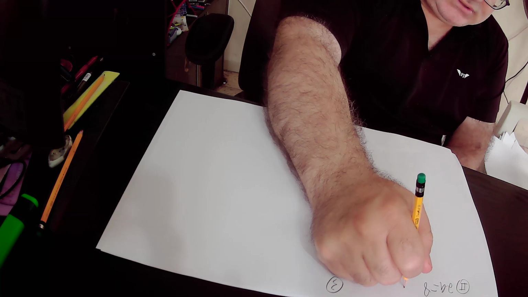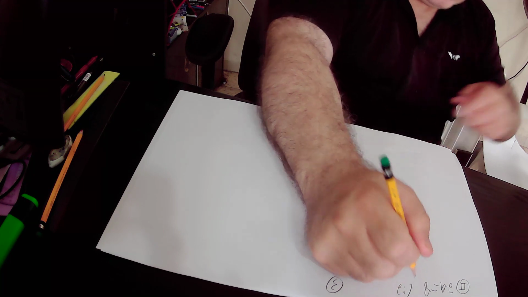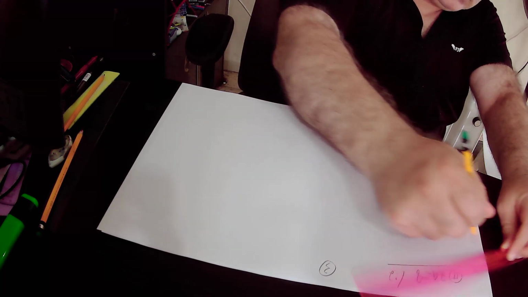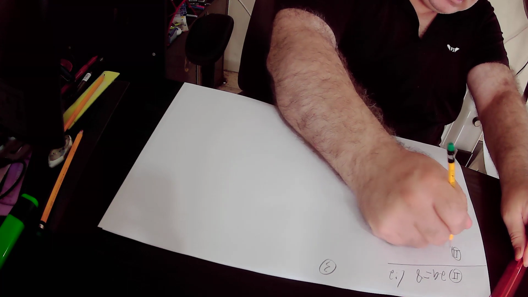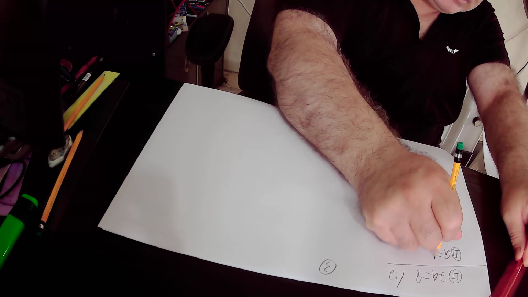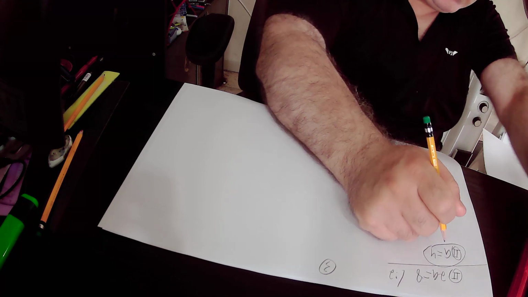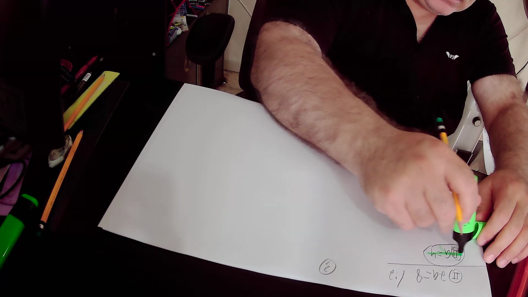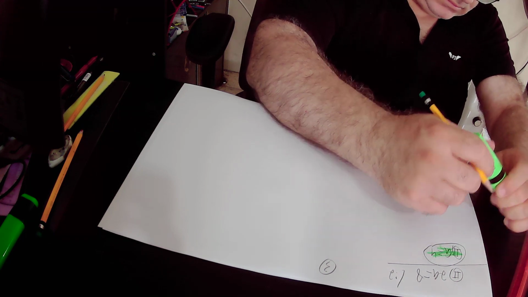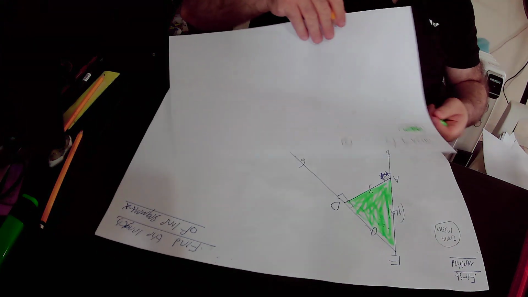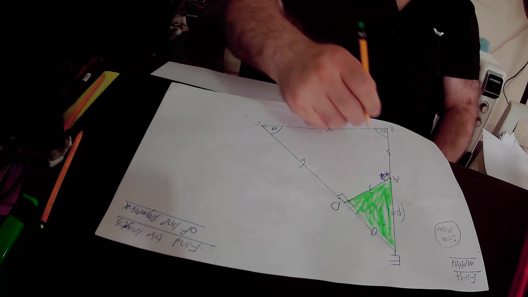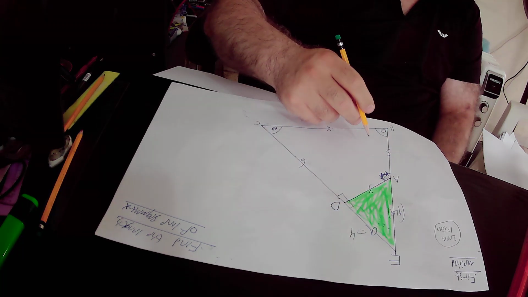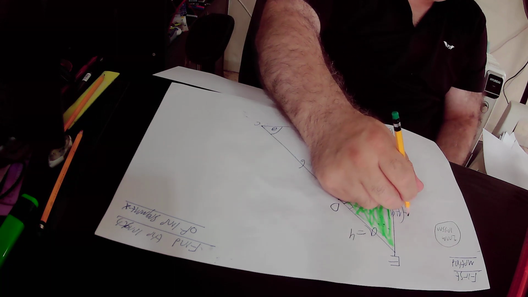We'll divide this equation by 2, and we'll get that A equals 8 over 2, that is 4. So we found out that A equals 4 units. So here we can write down that A equals 4 units, and A plus 1 will be equal to 5 units.